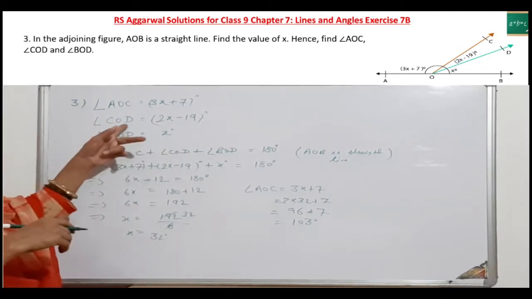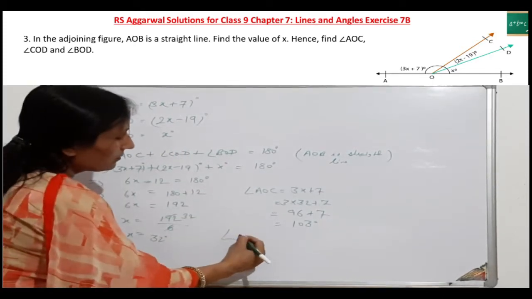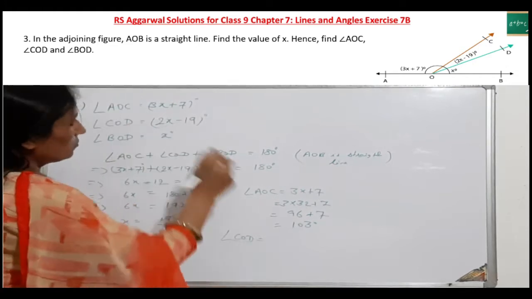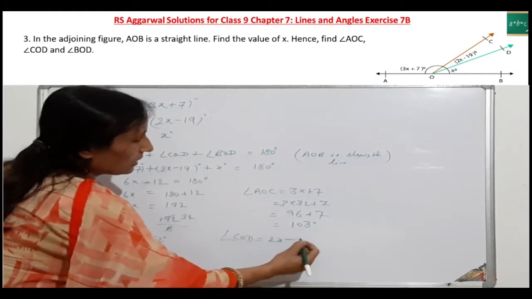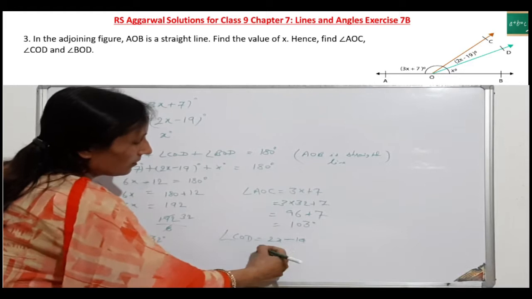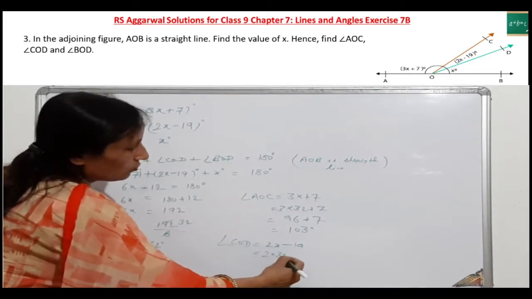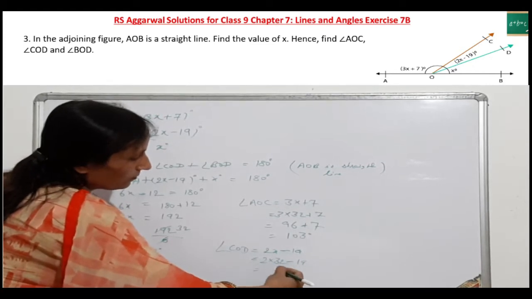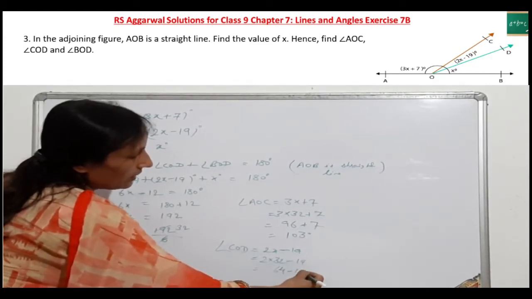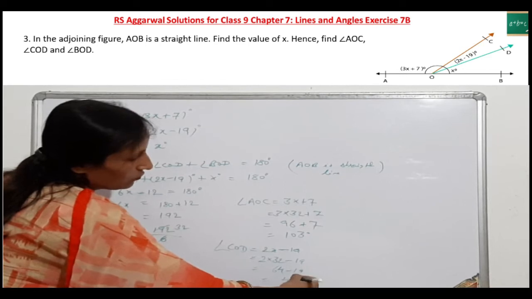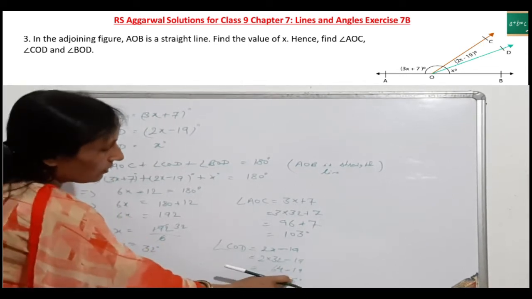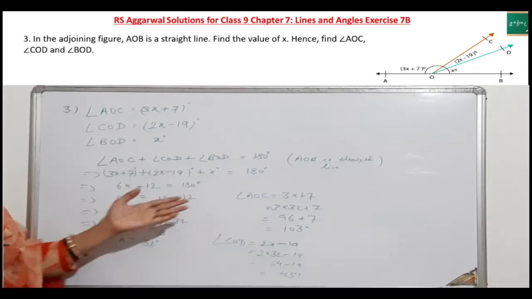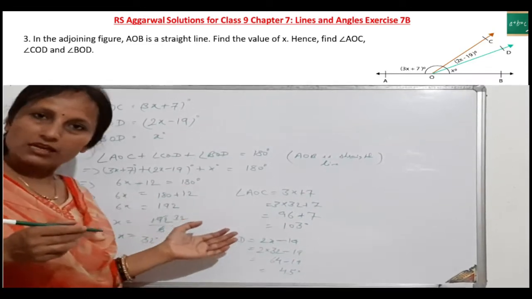Now the value of angle COD is equal to 2x minus 19, 2 into 32 minus 19, 2 2s are 64, minus 19 is equal to 45 degree. So here we got the value of x and then angle AOC and then angle COD.